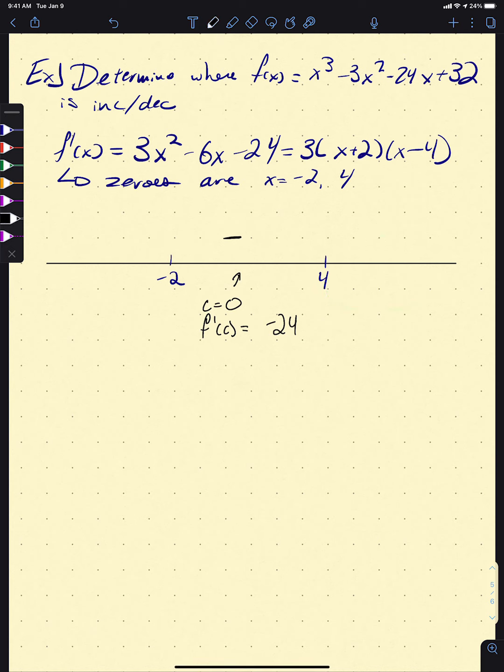Why don't we just pick c equals 5, so it's not too big, right? And if we look at this, we're going to get 7 times 1 times 3, or f prime of c is 21. So here we're positive, right?